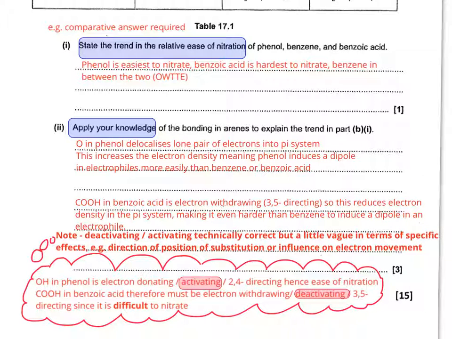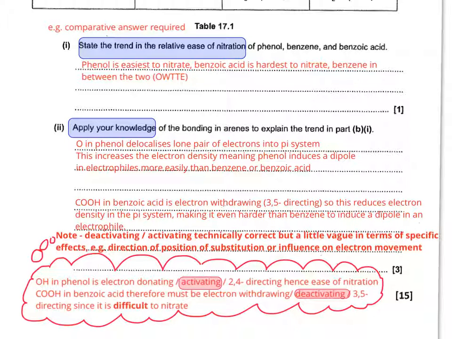Now, I mentioned the deactivating and activating a couple of seconds ago. Although they're technically correct, if you think about it, what does deactivating or activating really mean? They're kind of a little vague. So let's think about what they're really trying to say. They're talking about the direction of the position of substitution, so is it 2,4 directing or 3,5 directing? Or you could talk about it in terms of the influence on the direction of electron movement.